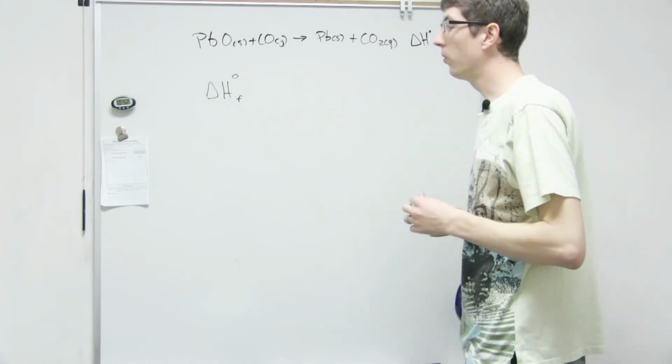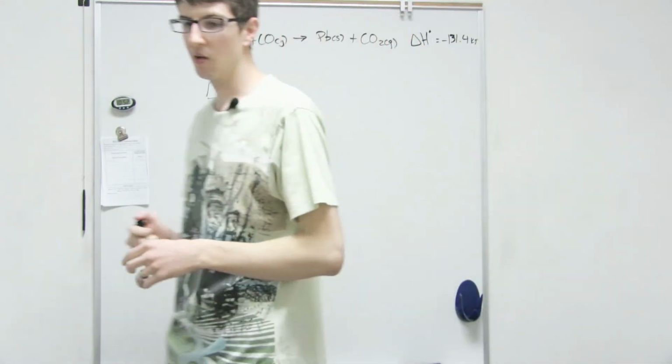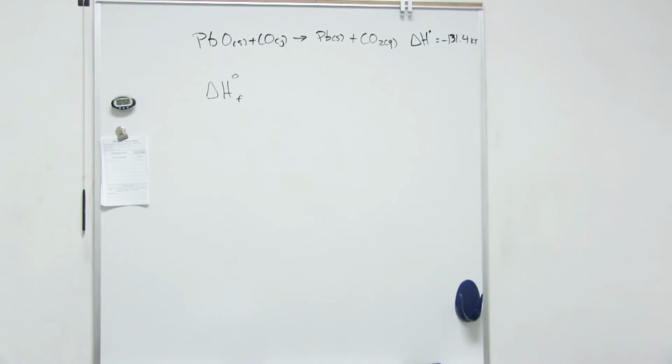What we are trying to find is this. The question is saying, number 4. It's saying, okay, using this information below, calculate the delta H of formation for PbO solid.